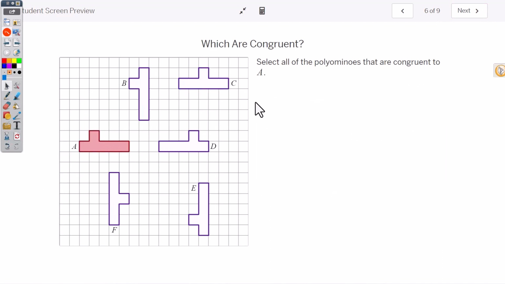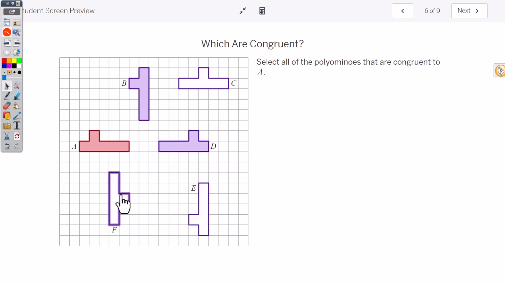So all the polyominoes that are actually congruent, well, those are only the ones that I could rotate or reflect or translate to get something that was the same shape as figure A. Now, as I'm looking from A to B, I could reflect it across a line of symmetry here, not rotate it, sorry about that, and get B. But there's nothing I could do to A to make that little extra piece switch over to the middle. If I look at A and D, I could reflect A over a line of symmetry right down the middle.